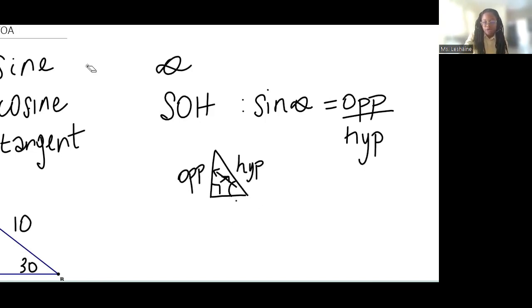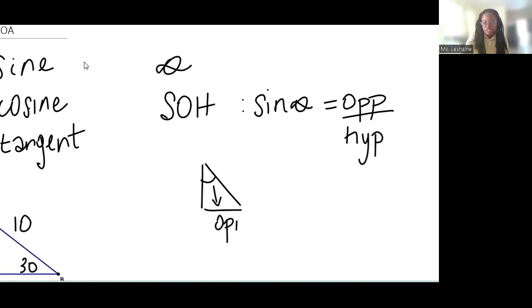If I have the angle at another location, up top instead, this side will be referred to as the opposite, and this side beside it will be referred to as the adjacent. The longest side is always the hypotenuse, and that is always opposite to the 90-degree angle.